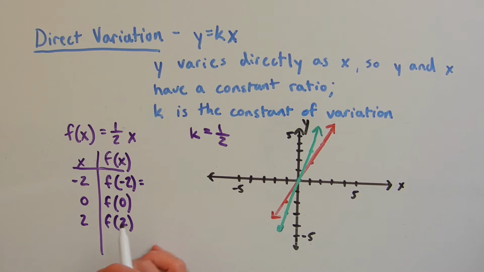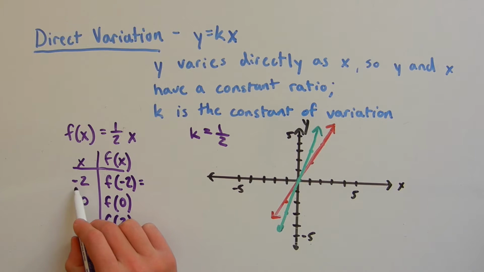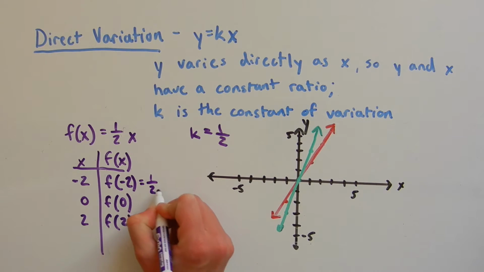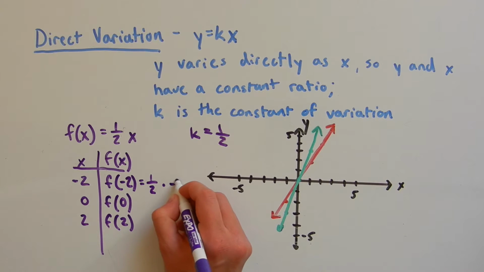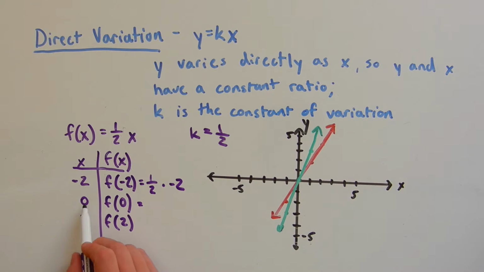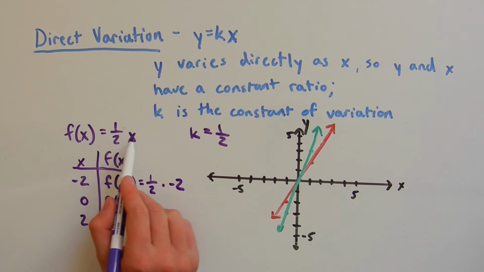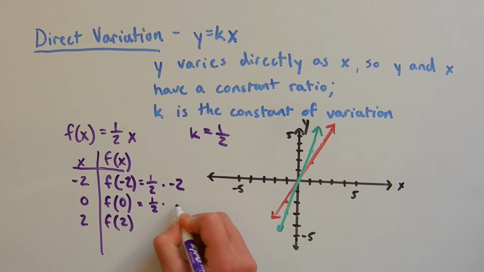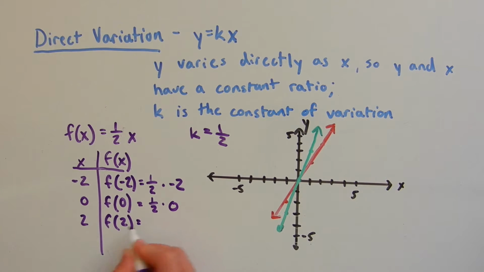I'm just writing it out so you can see. So that -2 is going in for x. So that's going to be 1/2 times -2. 0 is going to go in for x. So that's going to be 1/2 times 0. And 2 is going to go in for x. So that's going to be 1/2 times 2.